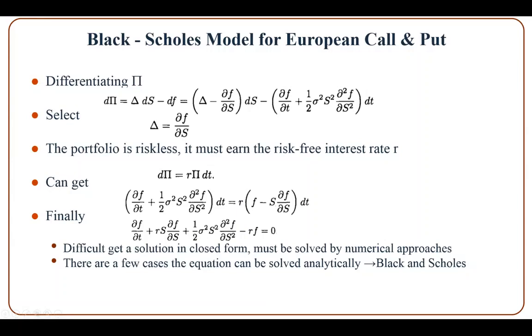And because it's riskless, it earns the risk-free interest rate. Let the pi here and there be equal. We get this. And finally, we get to this deterministic partial differential equation.